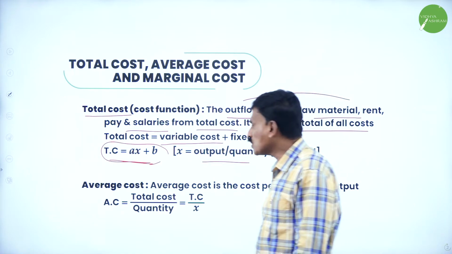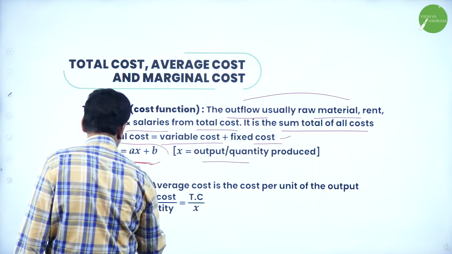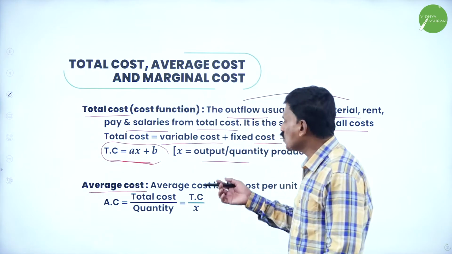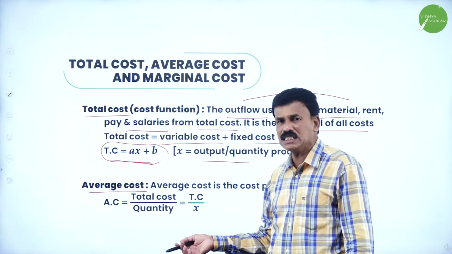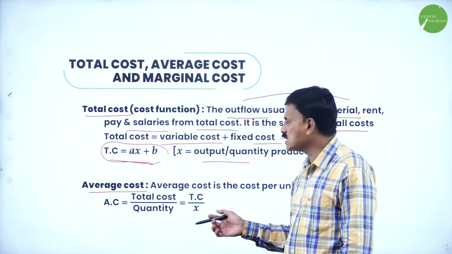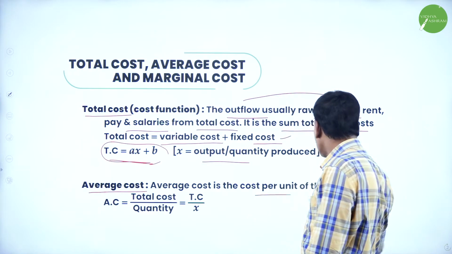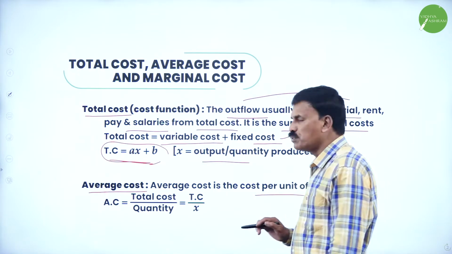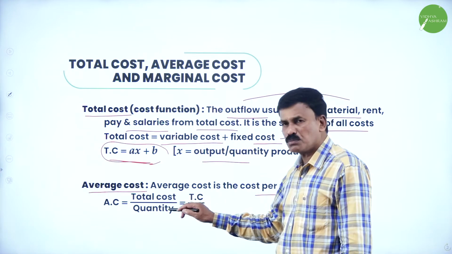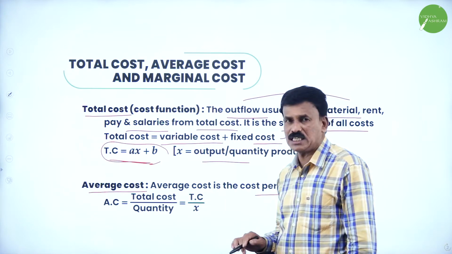Now let us come to the next concept, the average cost. Average cost means the total cost divided by the quantity. That's it. So average cost is the cost per unit of the output, or the unit cost, total cost per quantity.